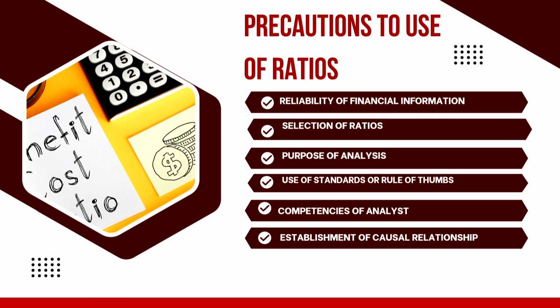Then moving further, establishment of causal relationship. When you talk about causal relationship, that is one of the essences of financial ratios. Causal relationship can be unidirectional, can be bidirectional. At times there prevails some relationship, but that does not lead to any causality.